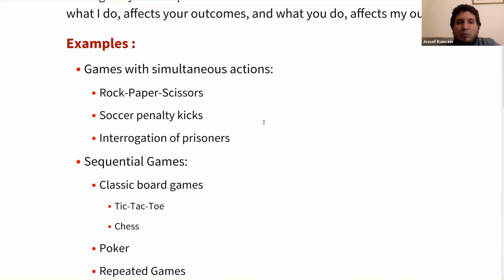Usually these classical board games like tic-tac-toe, chess, Go are good examples. Then there are games containing chance moves, like poker, for example. And you can actually repeatedly play any simultaneous game, which can then be considered as a sequential game.